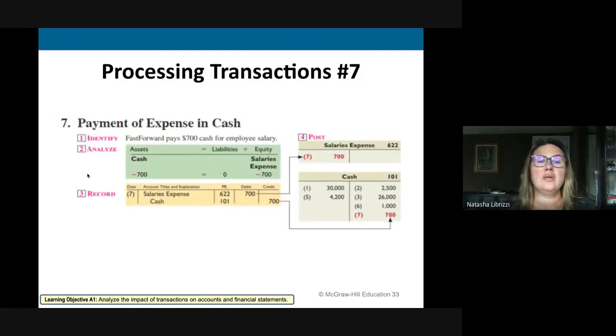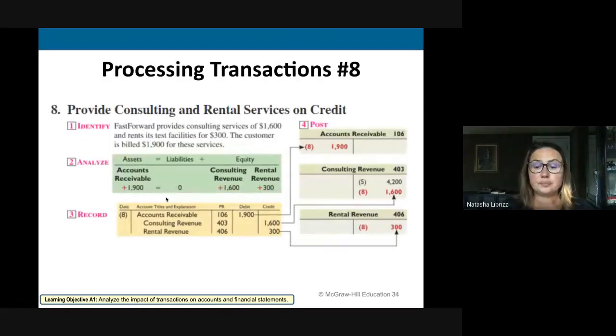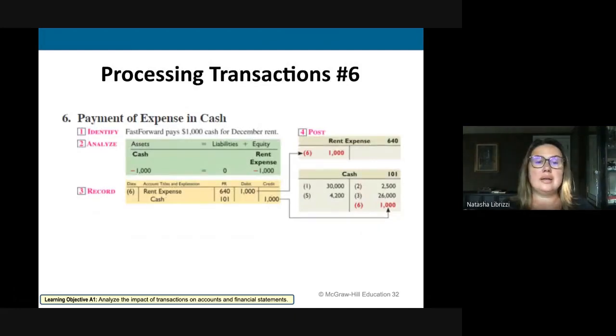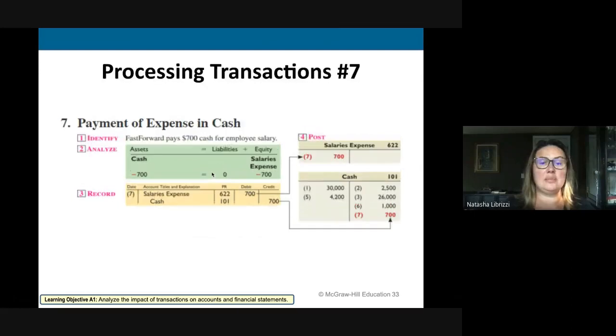We have a payment of expense in cash. In this case, we pay $700 cash for employee salary. And this is where I say you're going to start seeing transaction looks similar. They're just changing the nature. So previous one was expense, this is expense. The same thing, different account, salary is expense, versus before we had rent expense, but entries keep repeating themselves, just a different type of expense.